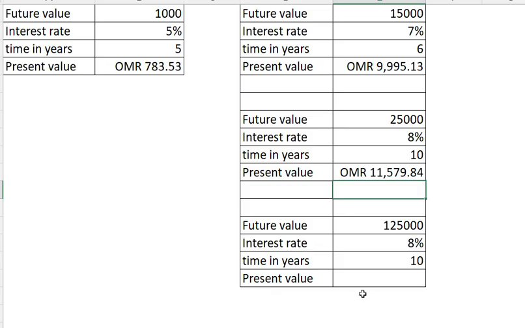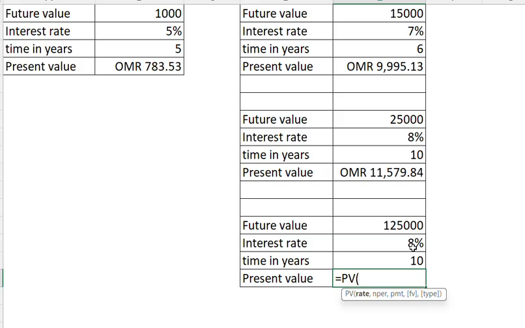We will solve one more to have a better understanding. Again equal to, we want to know the present value. So type PV, double click.